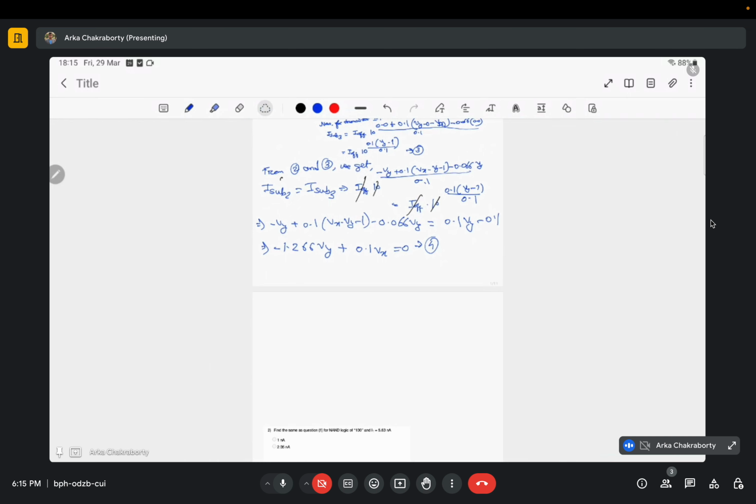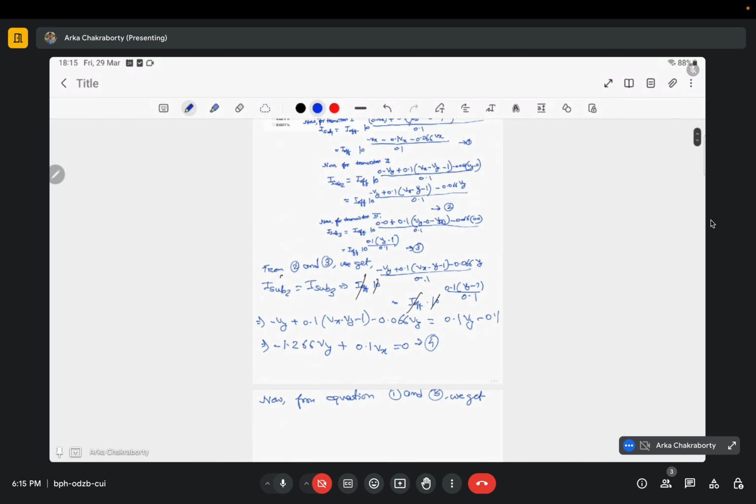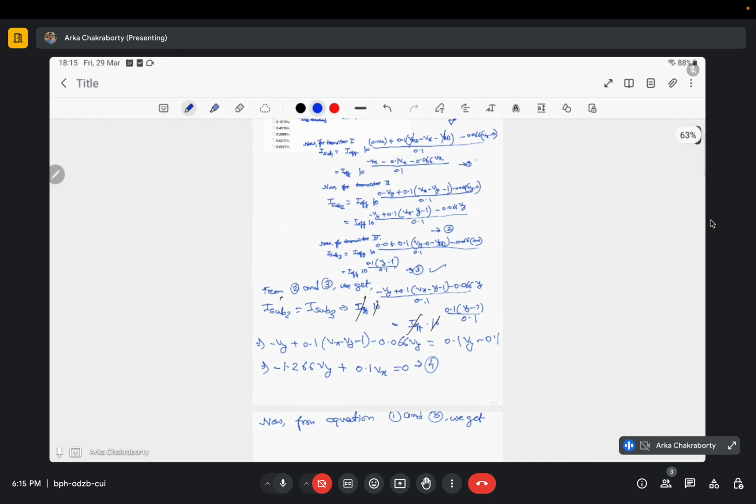Now, from equations 1 and 3 we get, this is 3 and this one is 1.